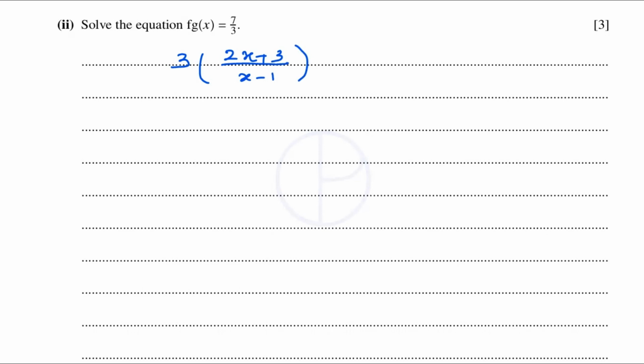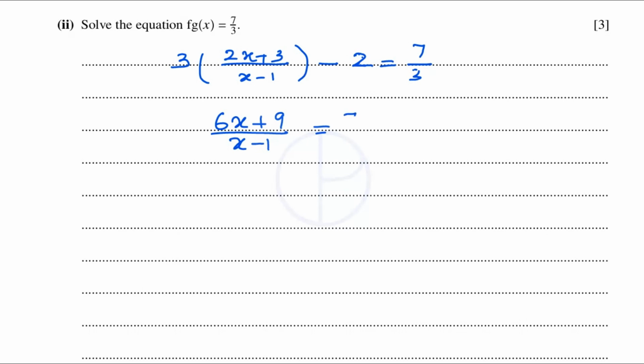So for x we have to substitute g of x, which is (2x plus 3) divided by (x minus 1), minus 2 equal to 7 over 3. So now expand the brackets. 6x plus 9 divided by x minus 1 equal to, bring this negative 2 to the right hand side.